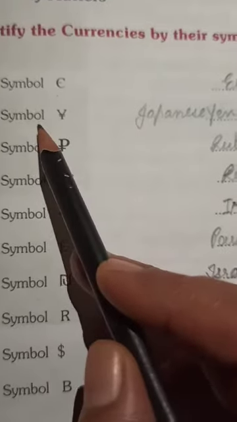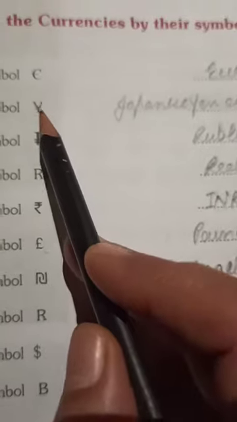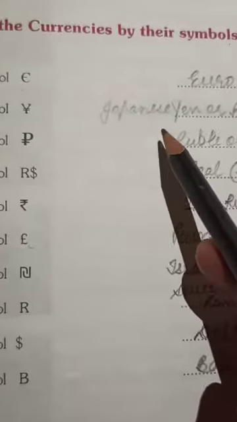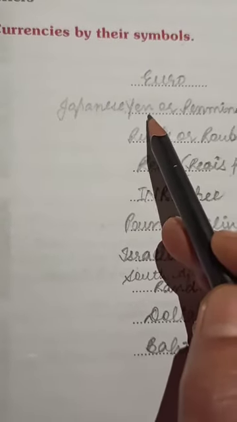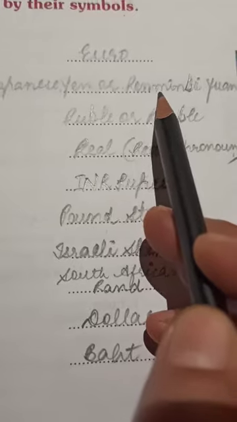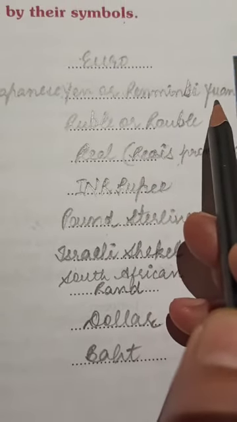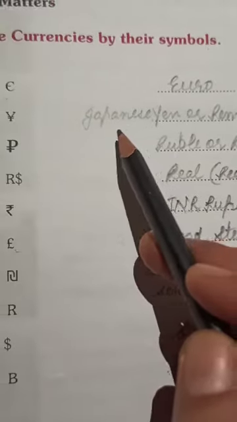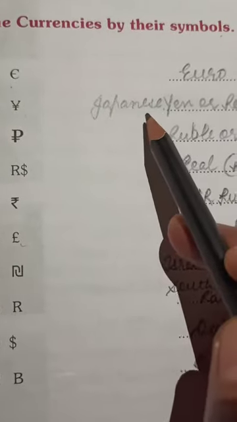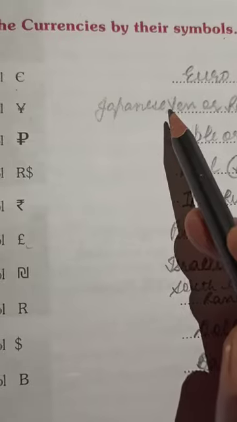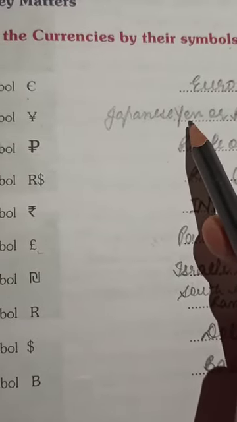And second is this one, means something like Y, and its name is Japanese yen or renminbi yuan. So any one name you can learn, or generally they call it yen also.